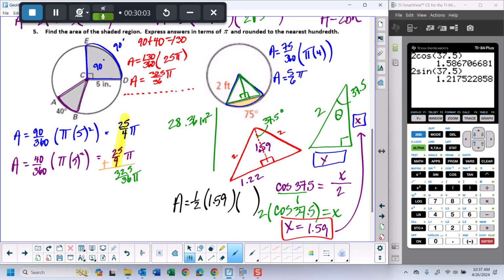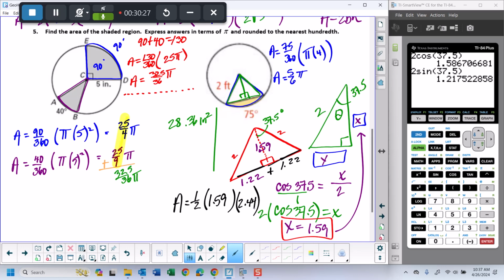What is my base? 2.44. Where did I get that from? It's double. Here's this 1.22, and here's this 1.22. I have to add them together to get 2.44.